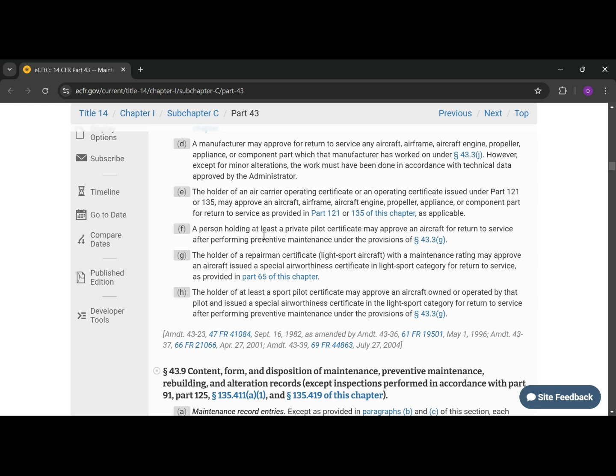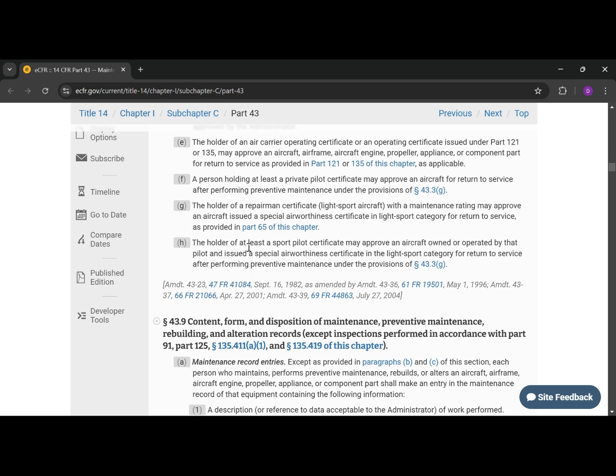A person holding at least a private pilot certificate may approve an aircraft for return to service after performing preventive maintenance under the provisions of 43.3(g). The holder of a repairman certificate, light sport aircraft with a maintenance rating, may approve an aircraft issued a special airworthiness certificate in light sport category for return to service as provided in Part 65 of this chapter.